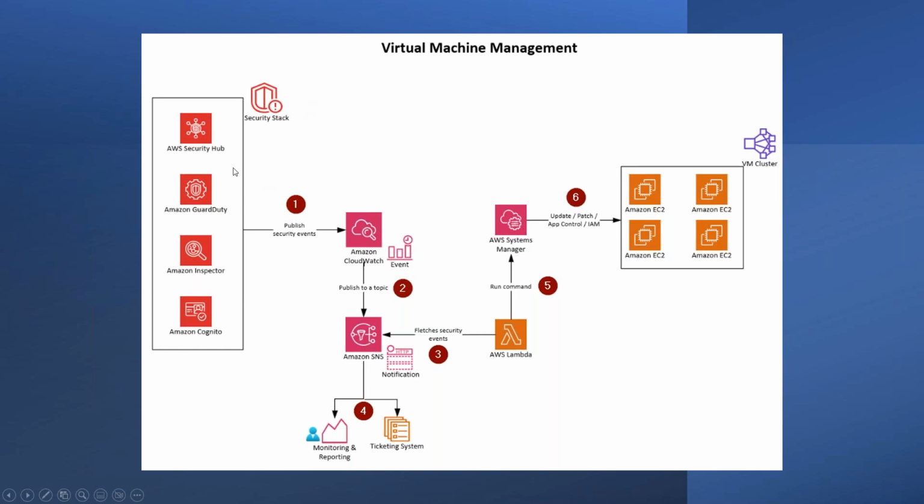I'm displaying just a few of them, but each one of these produces alerts, findings, or events. We have listed here Security Hub, Amazon GuardDuty, Inspector, and Cognito. When one of these events is produced, they're configured to push such events into Amazon CloudWatch.